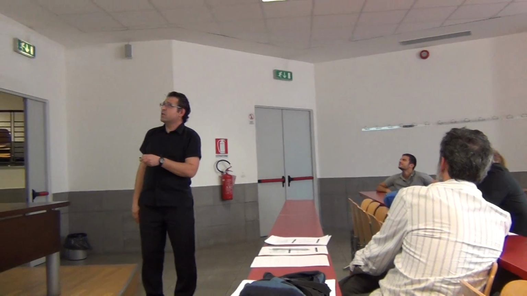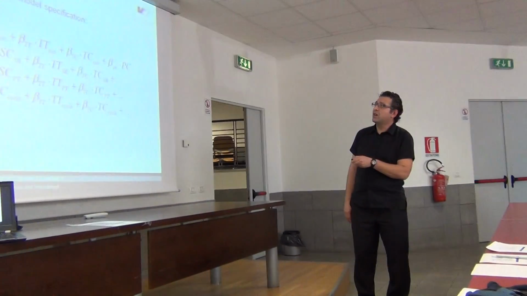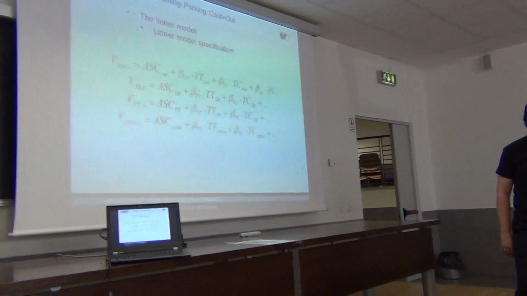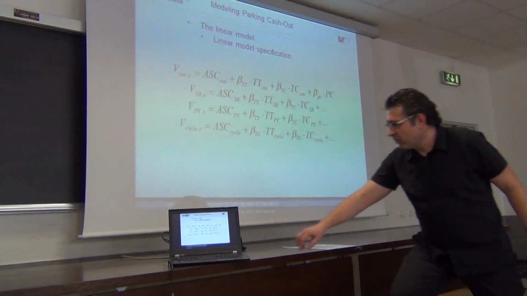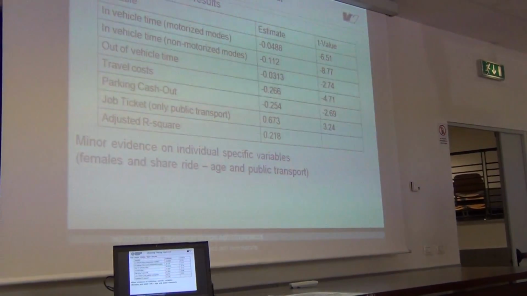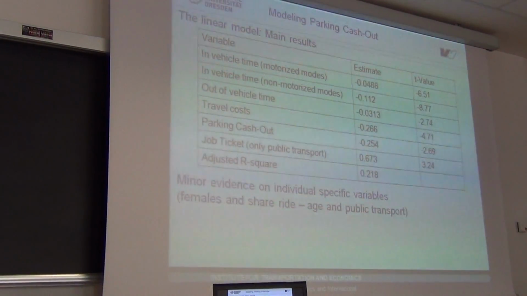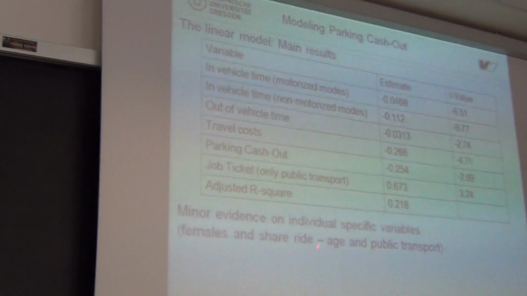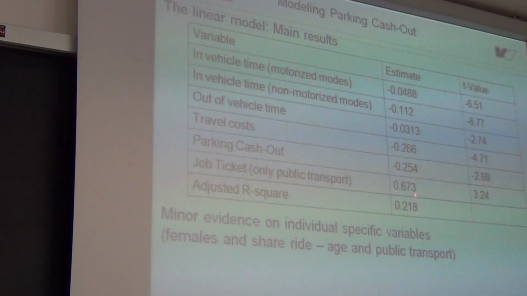So afterwards we set the constant for the car to 0 and estimated this model. I will show you the basic results because the model was much longer, as you can understand.